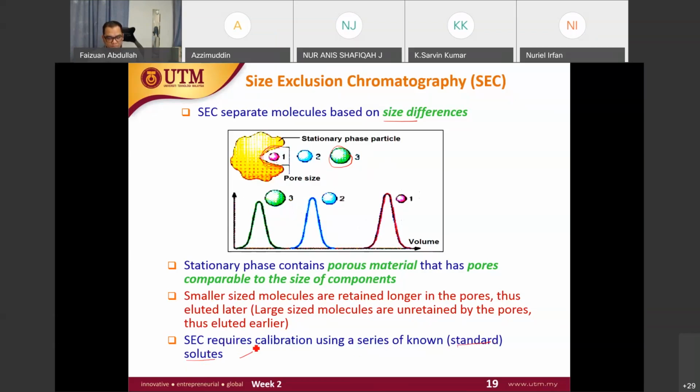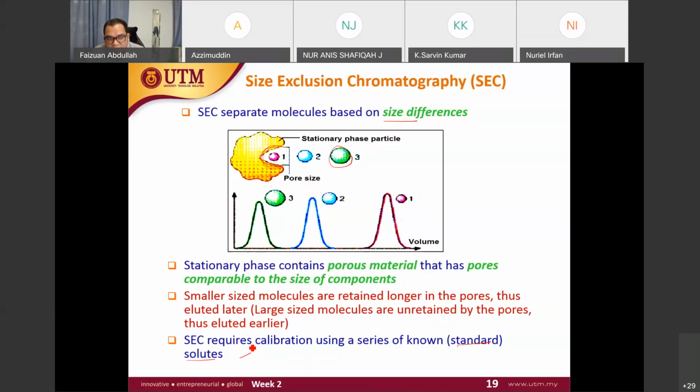Again, we need to calibrate the instrument because we have a stationary phase with a known pore size. It separates the analytes in the compounds by the size difference.